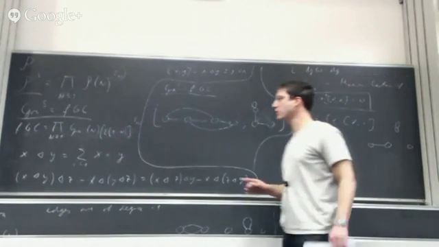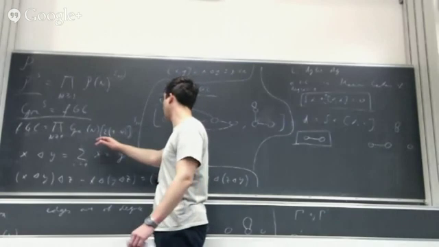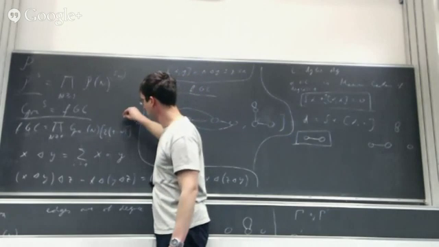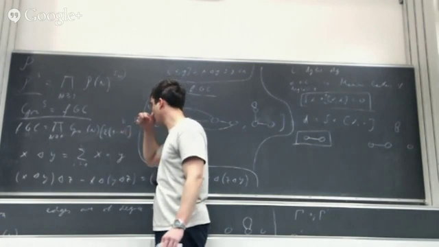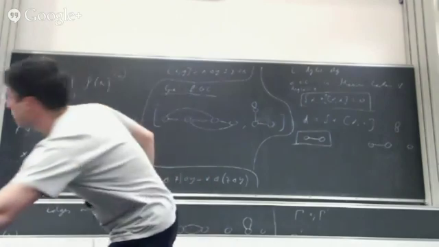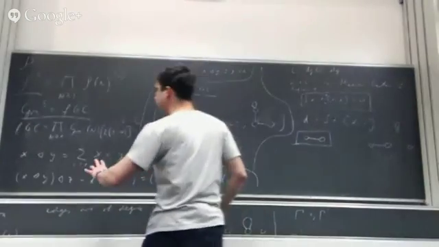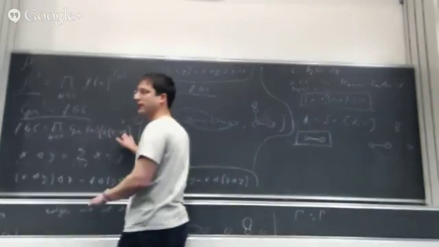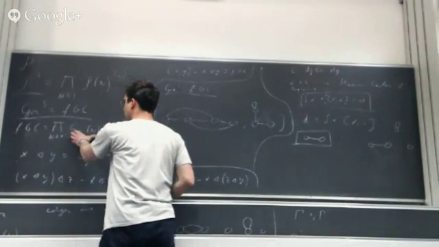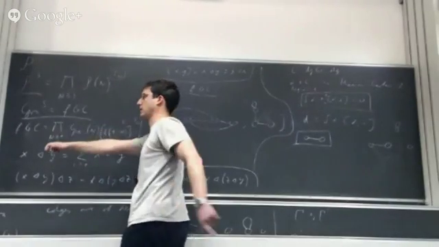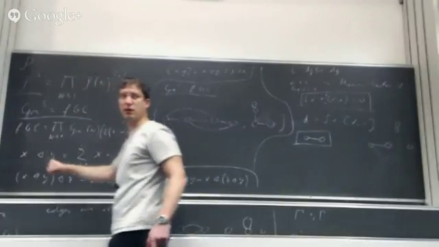This in particular means that this only matters for the degree. I take the degree of an element here and I shift by this, and then I get the degree here.